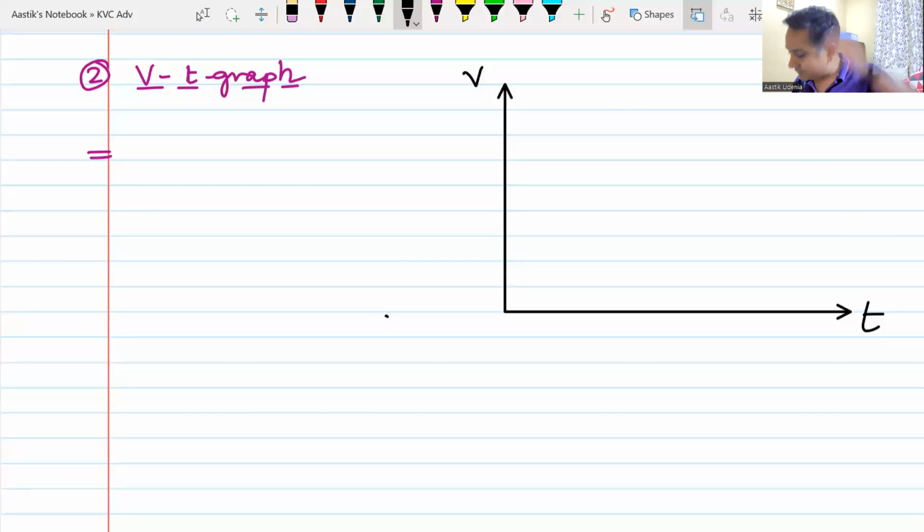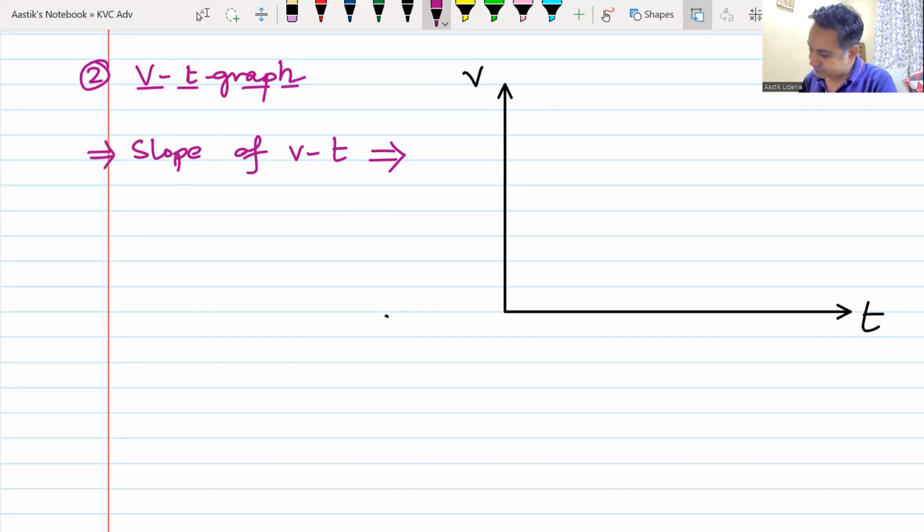Yes or no? Well, the first thing that you have to understand is what the slope of velocity time graph will give us. Slope of position time graph gave us velocity. Slope of velocity time graph, yes, it will give us acceleration.